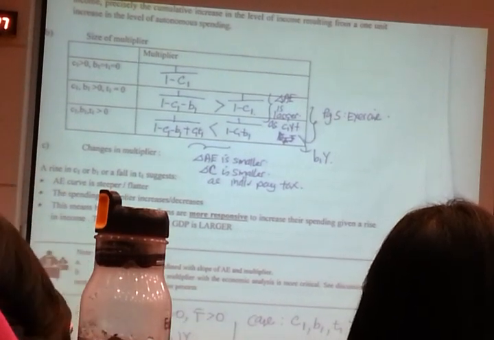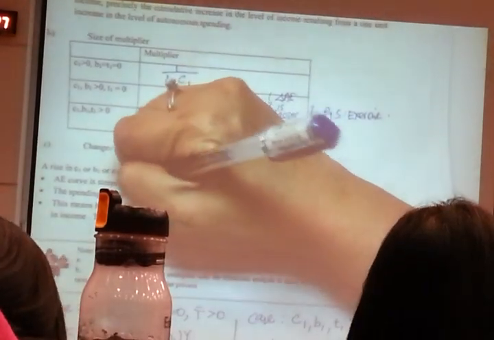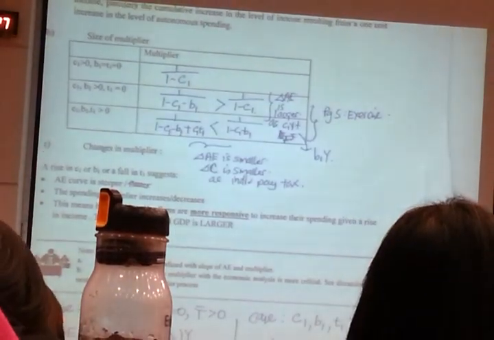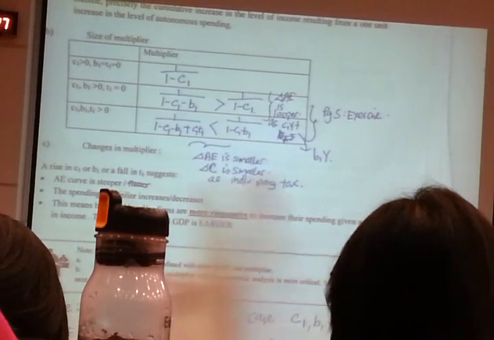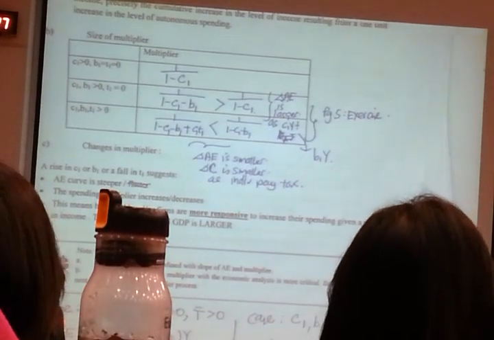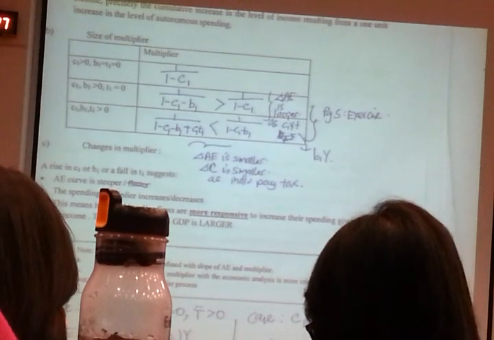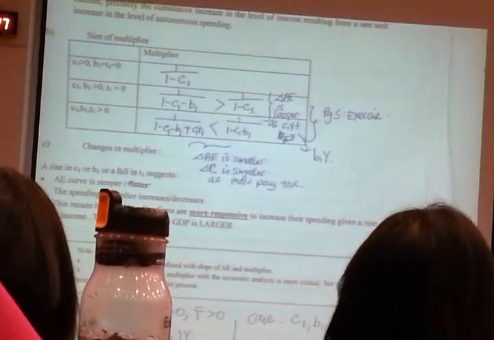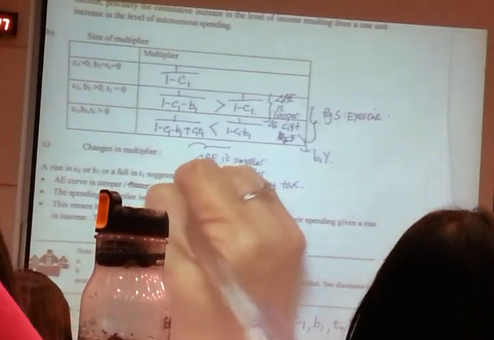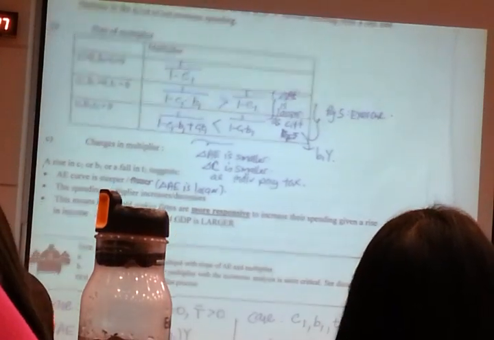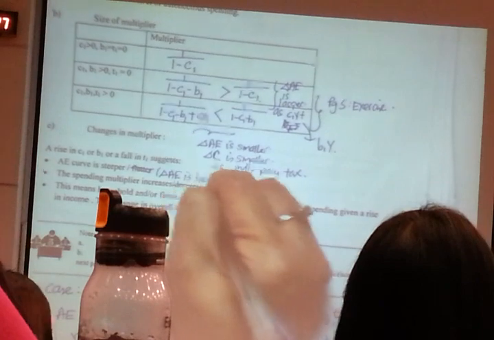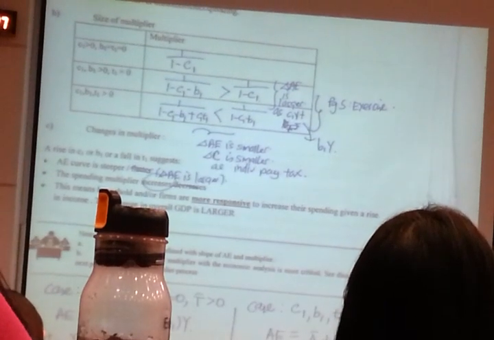So all this will give you a steeper AE. Okay, this is done in page 5 already, but our focus is multiplier. Right, if AE is steeper, you know change in AE is larger. So intuitively, it means multiplier increases.